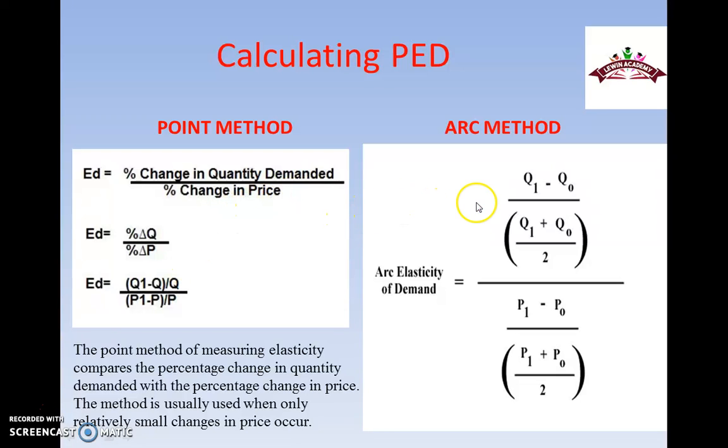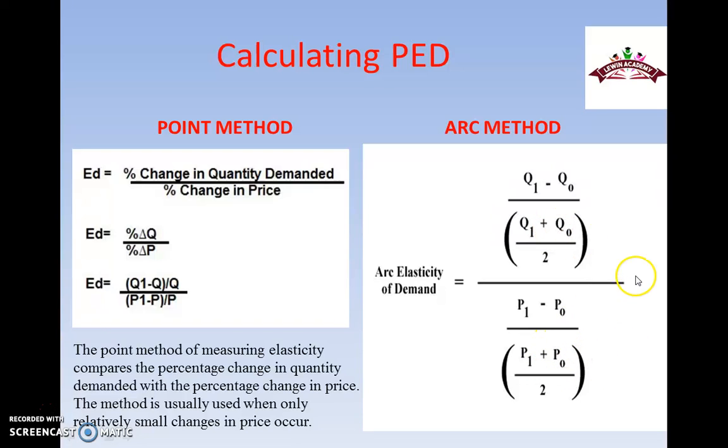Alright, we're going to be looking at an example of this method, but first, let's just talk about the ARC method. Now the ARC method is a more complex way of calculating it, but it's also pretty simple. The only difference is you find the difference in the numerator, and in the denominator you look at the average quantity or the average price.